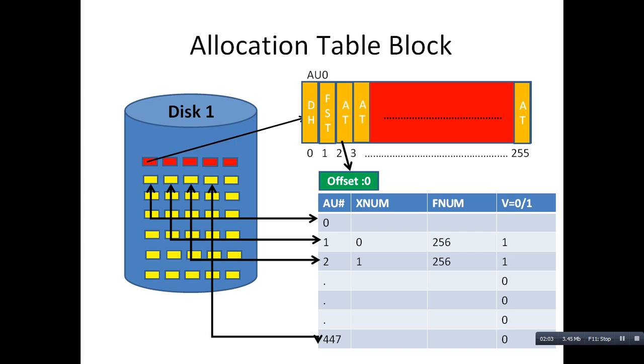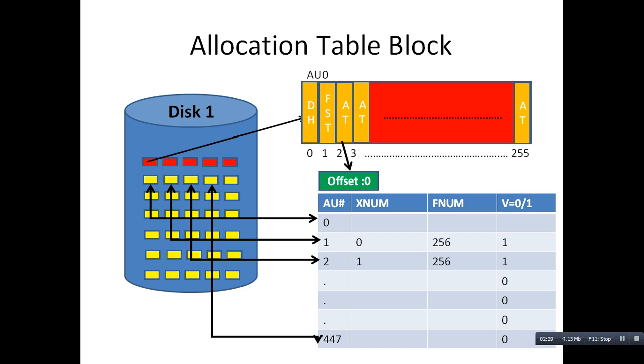In this slide, we can see that the offset value is 0, which means that the first allocation table block, that is block 2, addresses the first allocation unit, 0. We can also see that allocation unit 1 and allocation unit 2 are already allocated to a file.